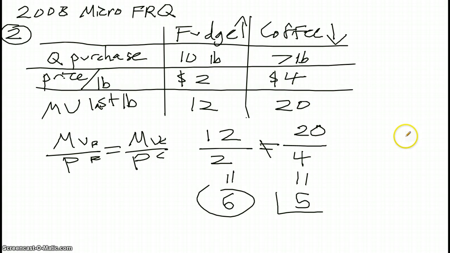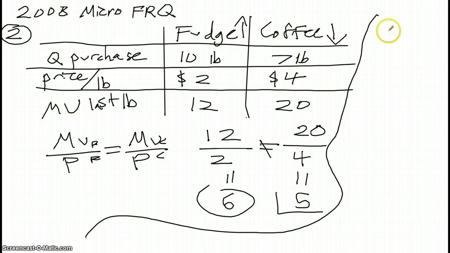Then for part C, assume that consumers always buy 20 units of good R each month regardless of its price. So kind of box off.